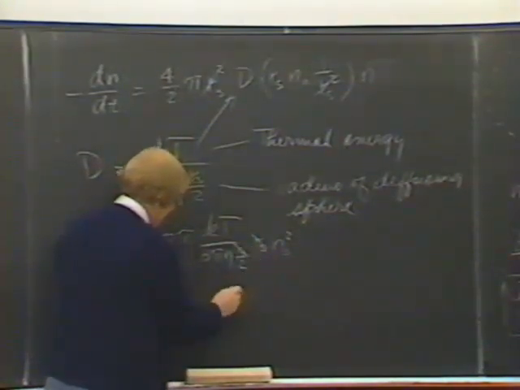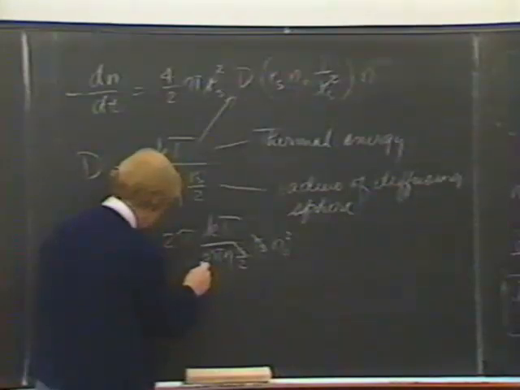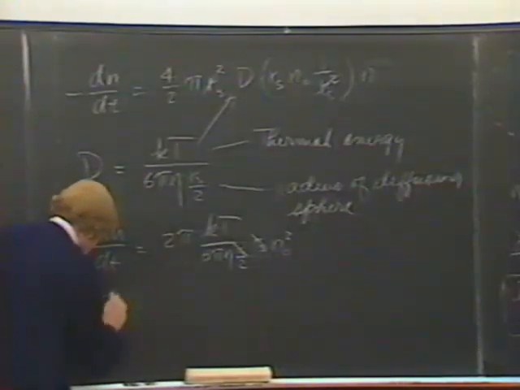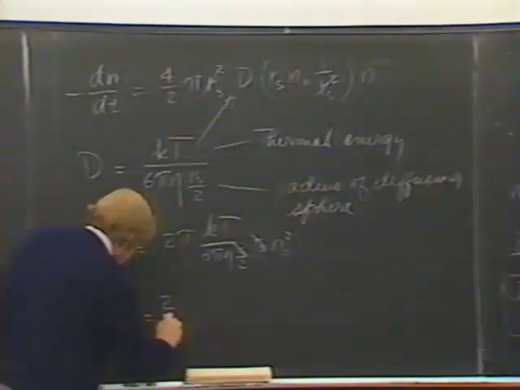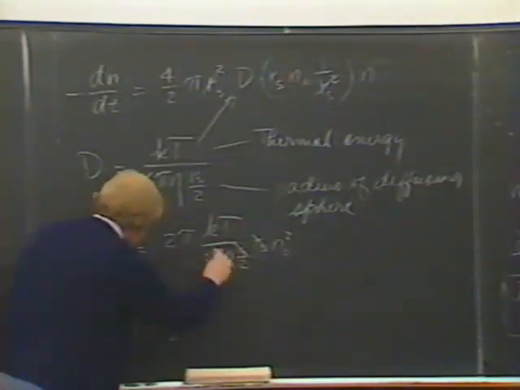So we have minus dn/dt is equal to 2/3, and the pi's cancel, kT over eta times n0 squared.